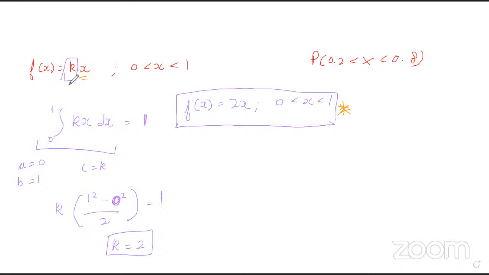It is not the PDF of a uniform distribution, nor is it mentioned in the question that it follows a uniform distribution. So we have obtained the PDF. Any doubt till this step?